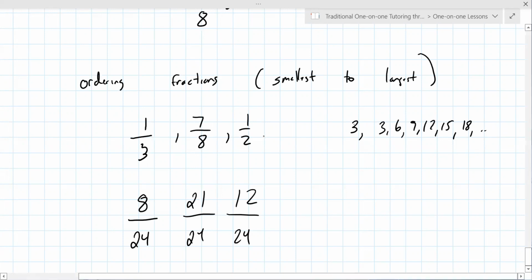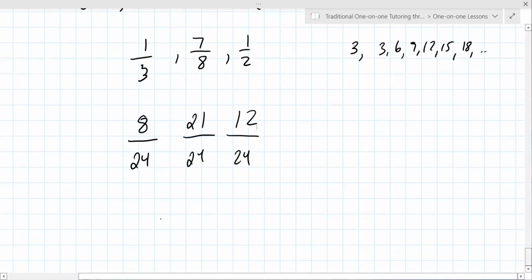You do the same thing for all 3 of them. Now you have to order them. 8/24 is the smallest, then 12/24, and then 21/24.